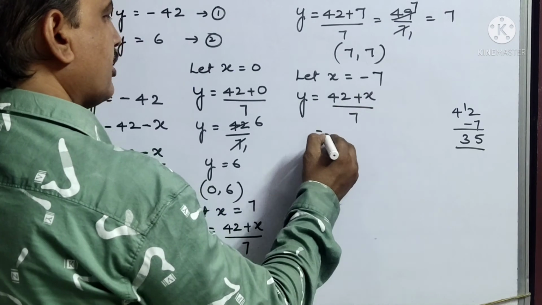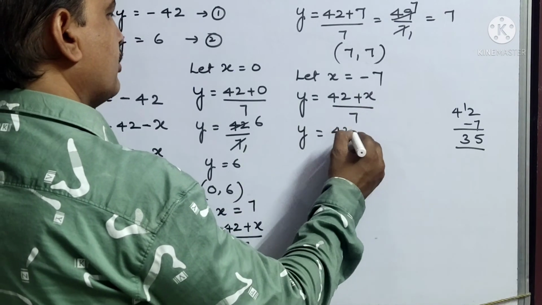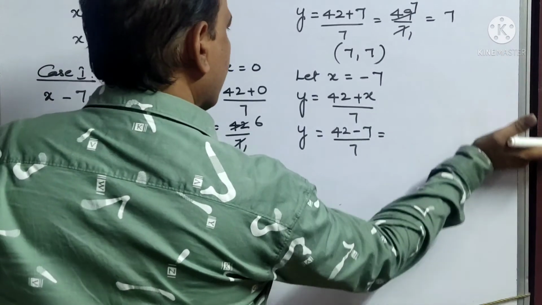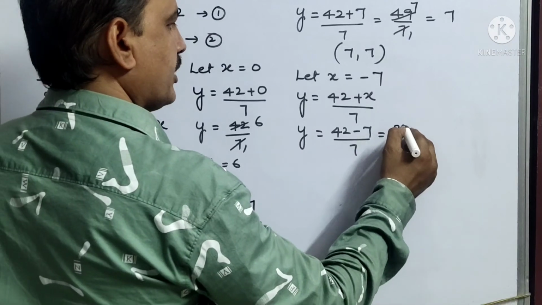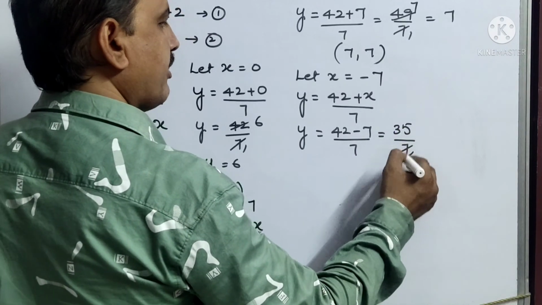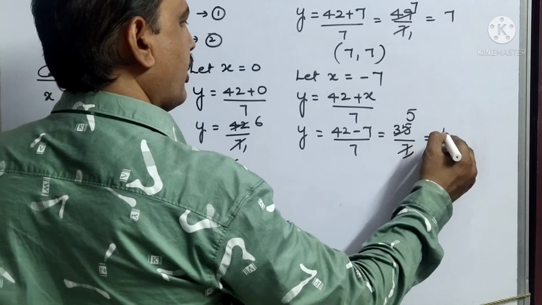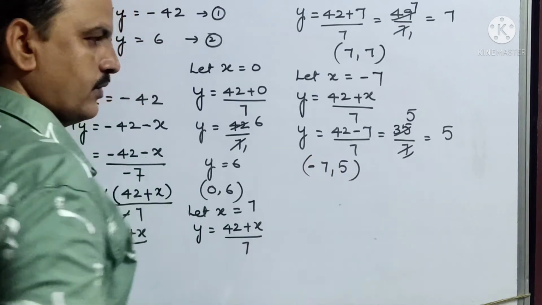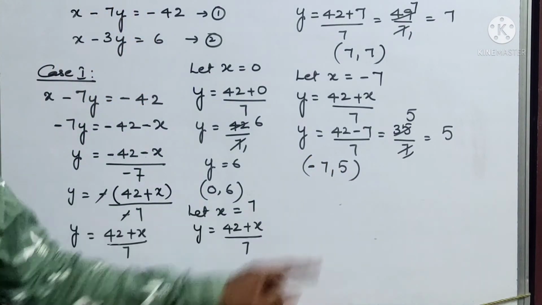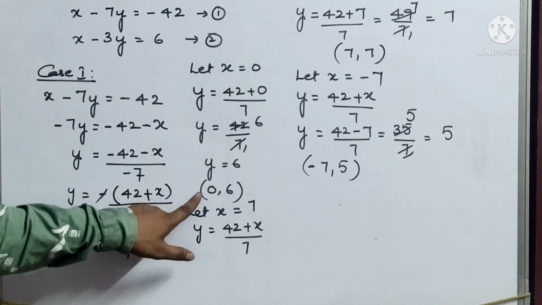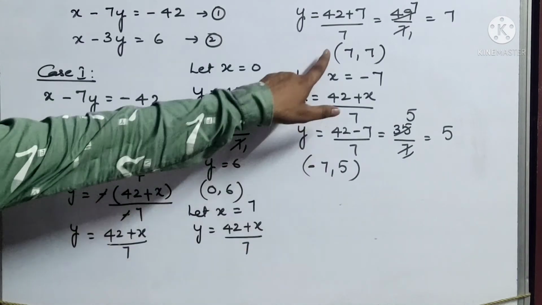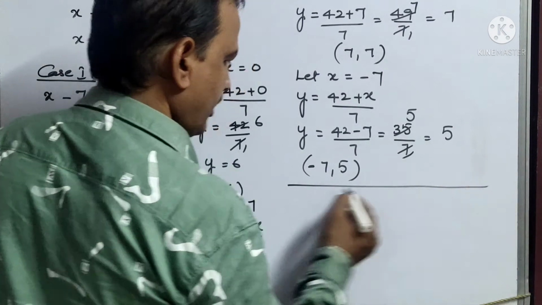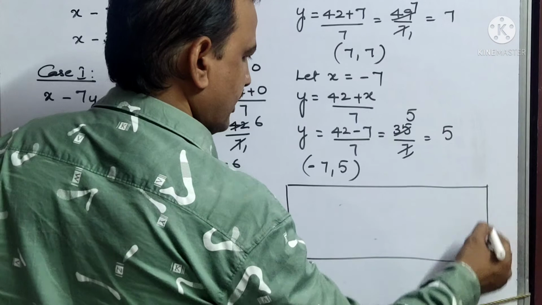That equals to 42 minus 7 by 7. So 42 minus 7 is how much, children? 35. So 35 by 7. 7 ones, 7 fives. So I got now 5. That means minus 7 comma 5. Children, 0 comma 6, 7 comma 7, minus 7 comma 5. You have to prepare one table here like this.